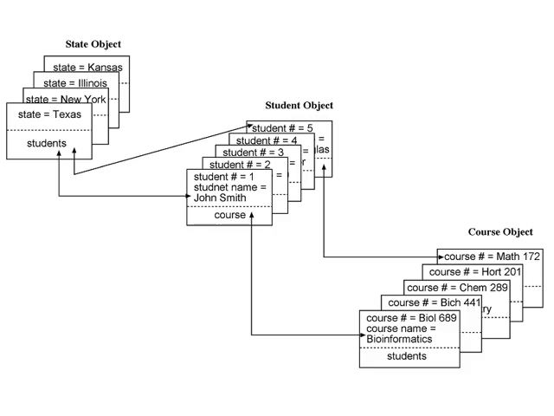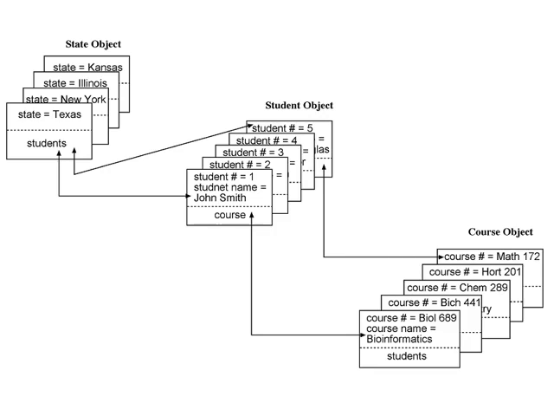You can see in the state objects there are four states: Kansas, Illinois, New York, and Texas. In the student objects, there are five students, assigned with the student name and student number. And there is a course object where the course number and course name are assigned.